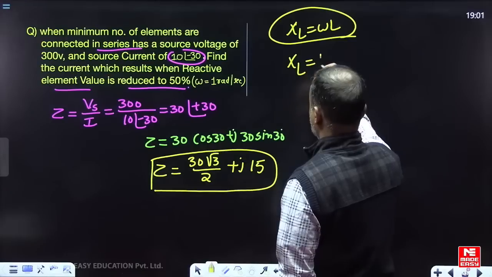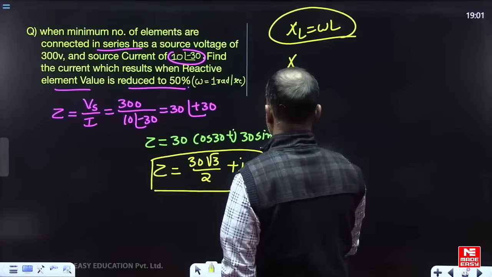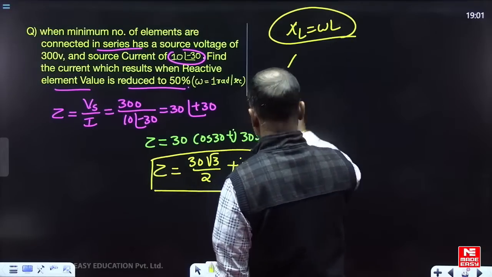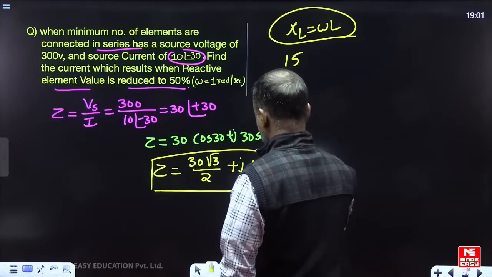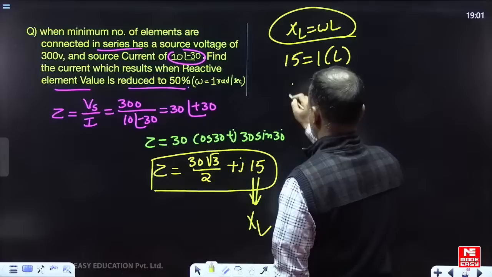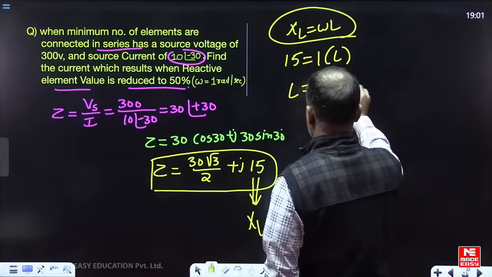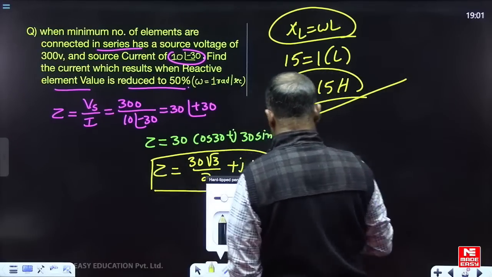If you find out the inductance value, can I write this? This imaginary term indicates the XL. XL equal to 15 omega. Then the inductance value is 15 Henry. But in the question, the reactive element becomes a half.